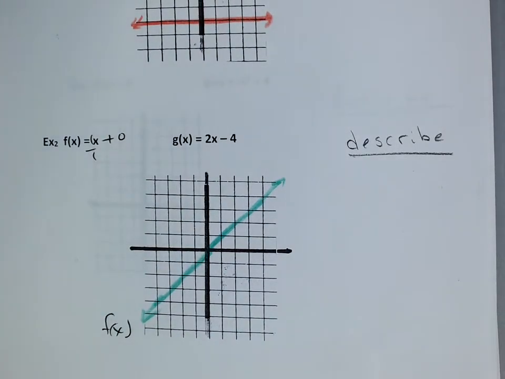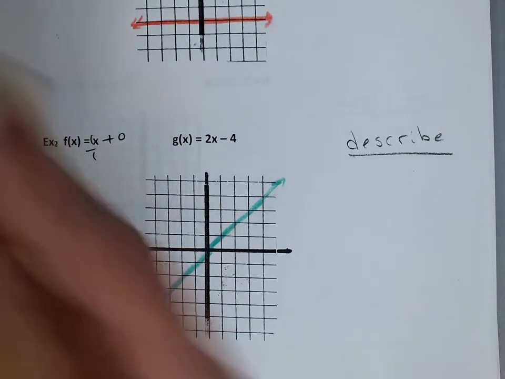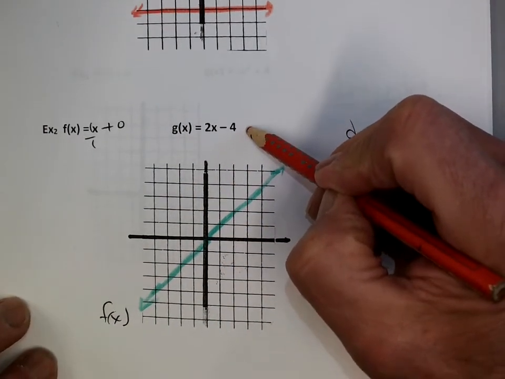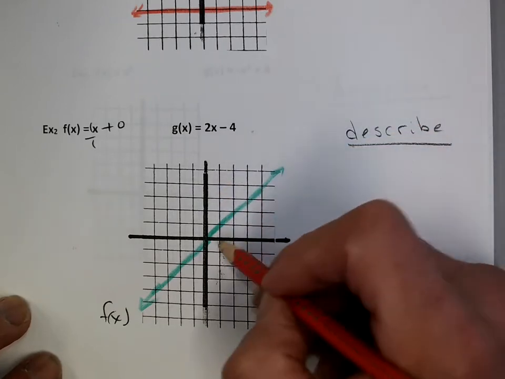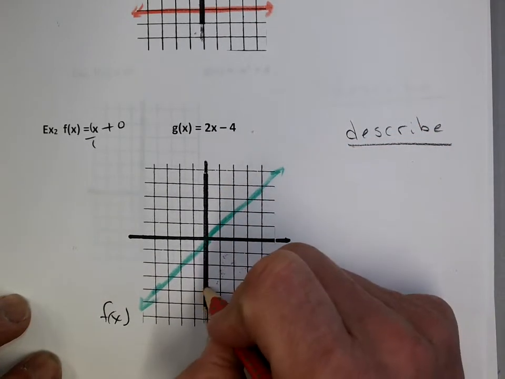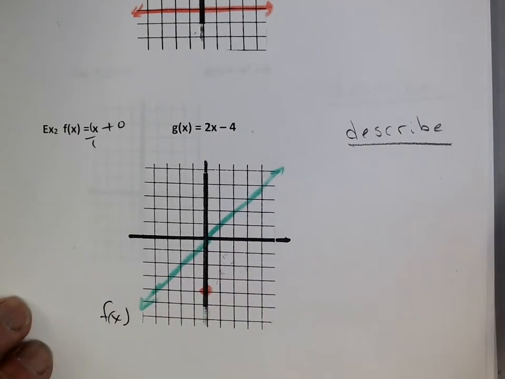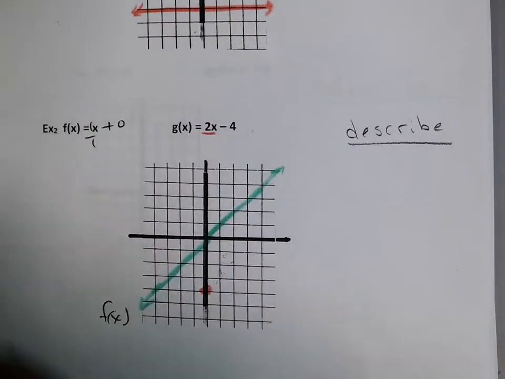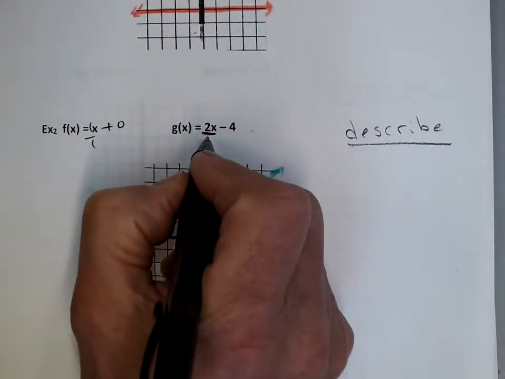Now g of x is different. It has a y-intercept of -4, right? We saw that on our warm-up. So I'm going to go down 1, 2, 3, 4, right? It's my y-intercept. And then this has a slope of 2 over 1. It's got an invisible 1, but 2 over 1, right?